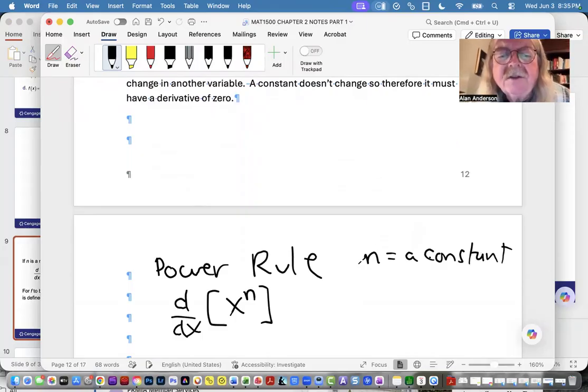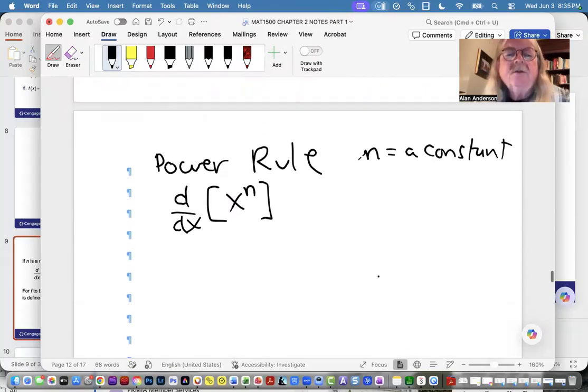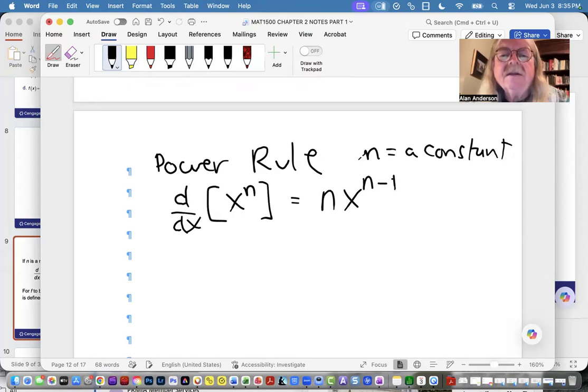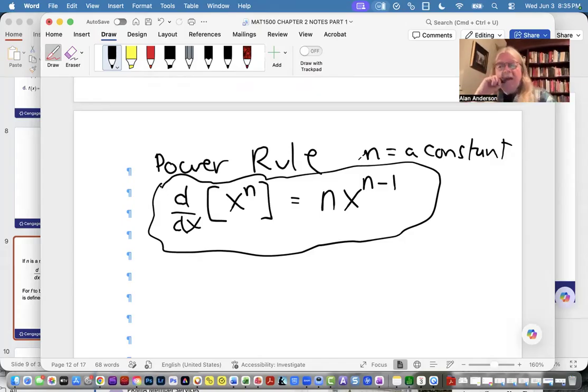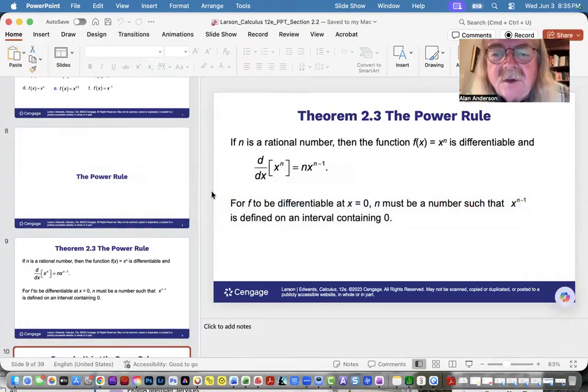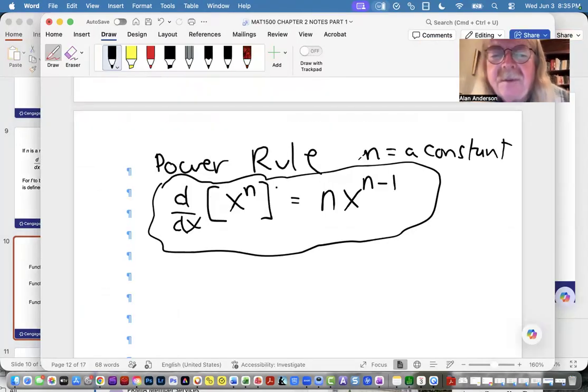Often it's an integer, but it doesn't have to be, and it also doesn't have to be positive. The derivative is equal to n times x raised to the n minus 1 power. Oh my God, it could not be more important. But as you can see, it's a very straightforward rule. And so here's some quick examples.